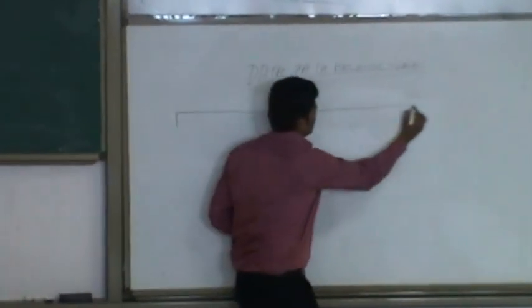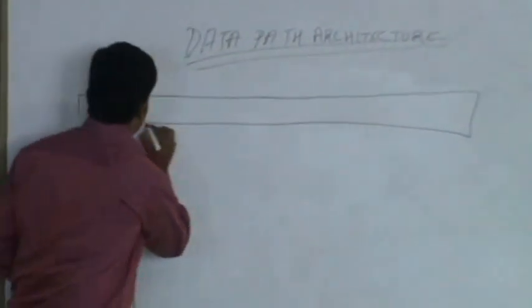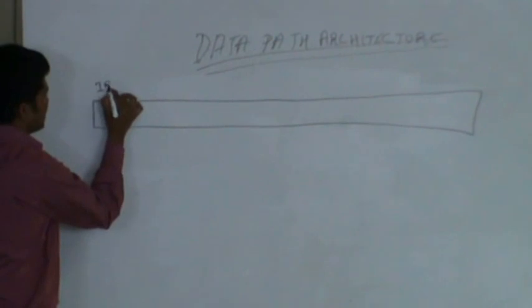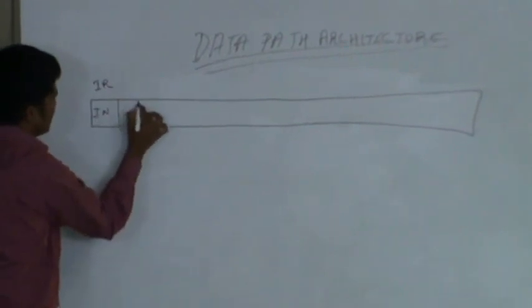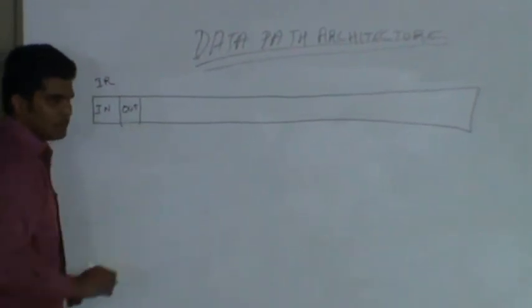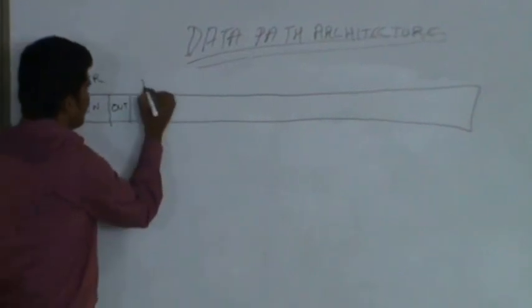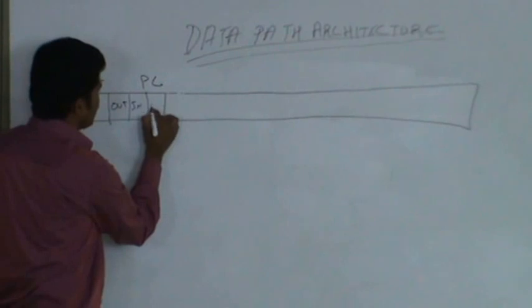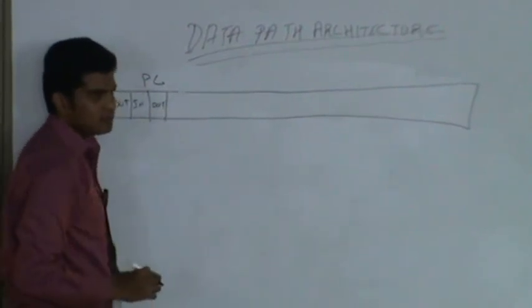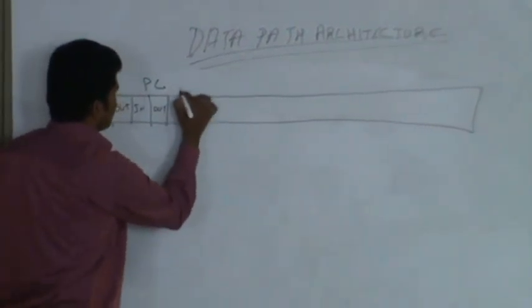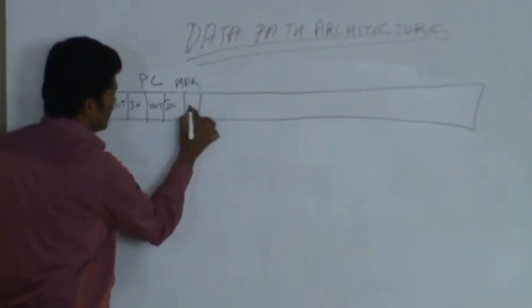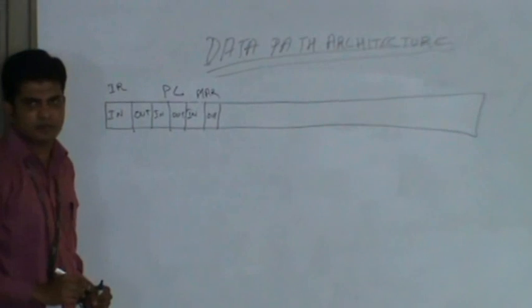So you have instruction register in, instruction register out. You have PC in, PC out. You have MAR in, you have MAR out.